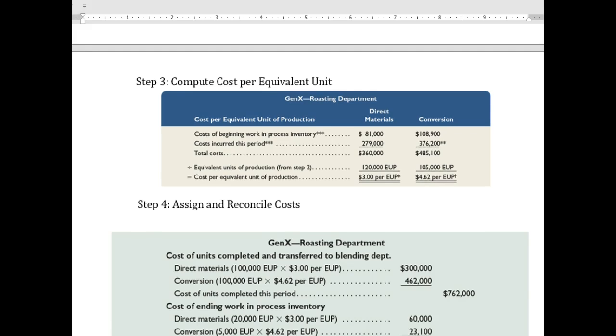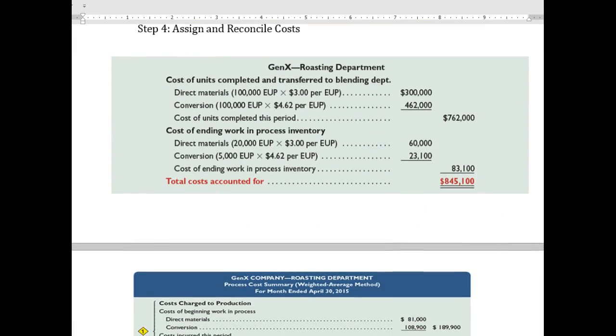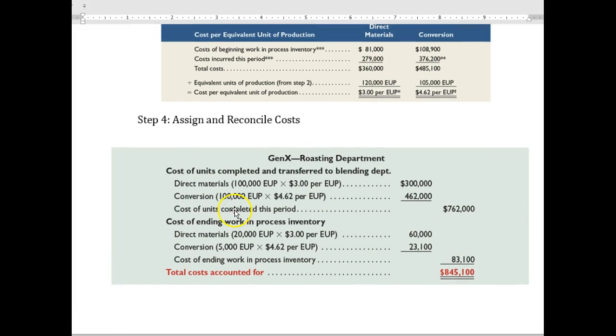And now I can figure out what are the costs that are going to be completed and transferred. So I transferred out 100,000 units at $3 a unit. That's from this right up here. I transferred out 100,000 at $4.62 a unit. So that gives me $762,000 I transferred into finished goods.